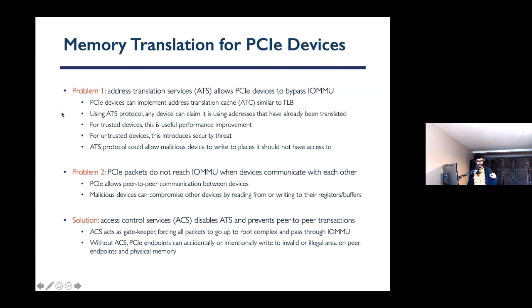If you use ACS, it can disable ATS, and it can also require every single PCIe packet to go through the IOMMU. So basically telling everyone you cannot cache translation. That has a great impact on performance, but at least it brings in security, because then everybody has to go through the IOMMU and they can't cheat the system.